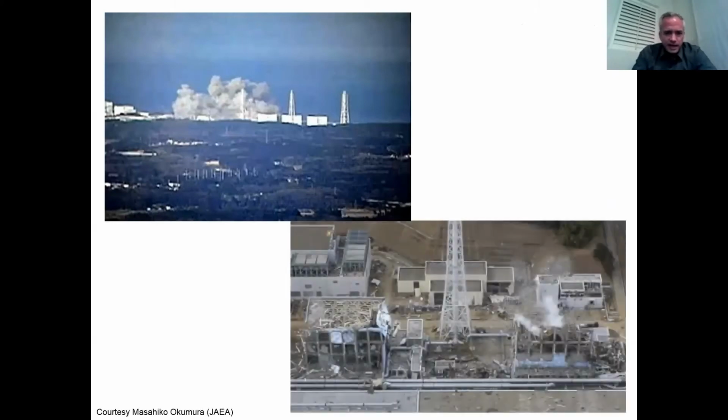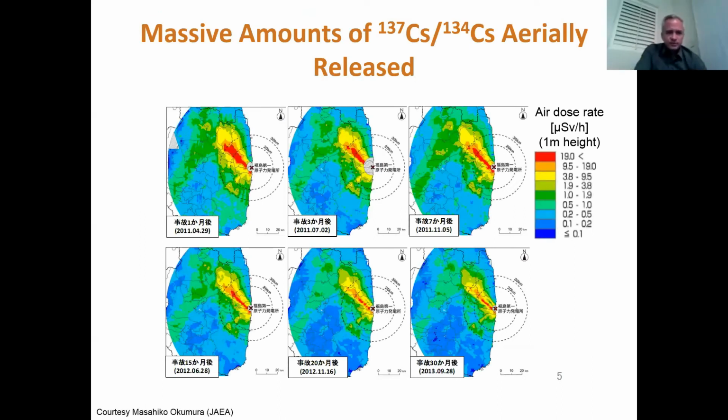This obviously was a very bad accident that released lots of fission products atmospherically into the region. And this is a map of basically the first few months, I believe, of what those emissions look like, and basically where these cesium-137 and cesium-134 radionuclides were distributed in the Fukushima region.